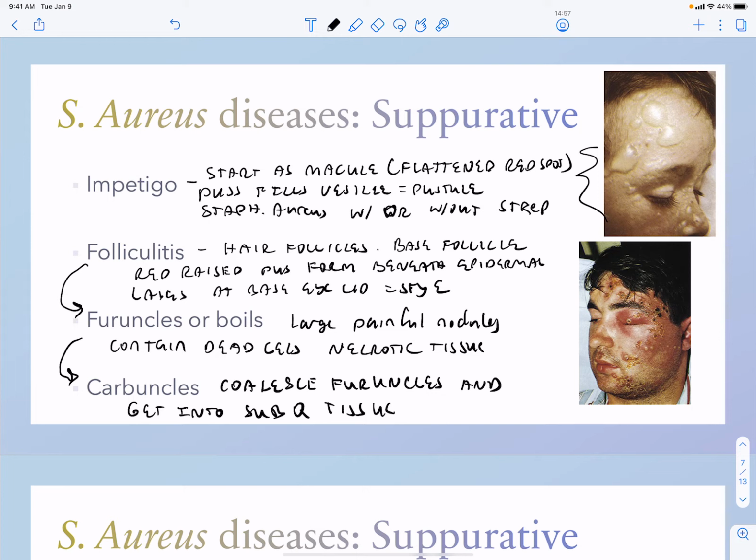And here, because you're getting deeper into tissues, you get spread of the bacteria systemically and you start to get fevers and chills.